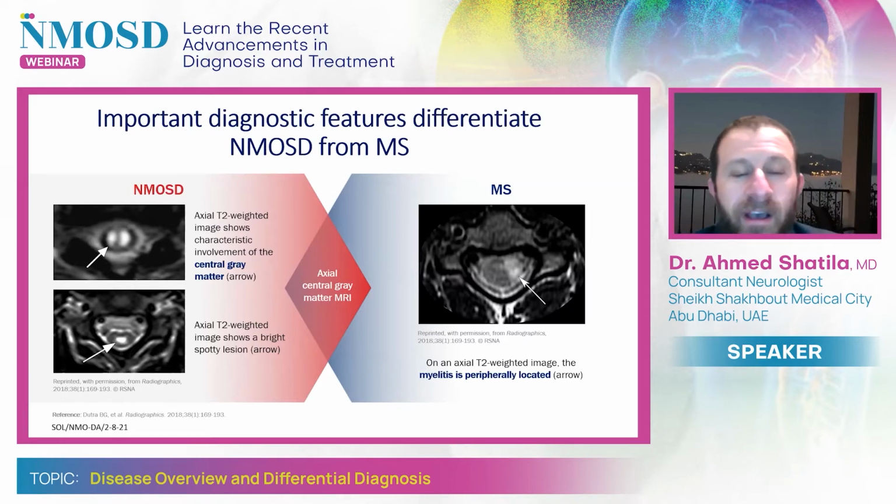She had a history of myelitis, INO, hiccups, nausea, vomiting, and she had this very extensive transverse myelitis extending from C3 all the way down to T1. While MS lesions tend to be more peripheral, not the same image, and they tend to be shorter, not like I told you with NMO.